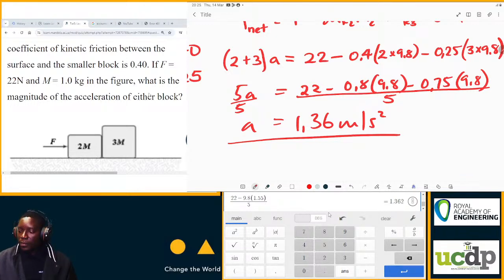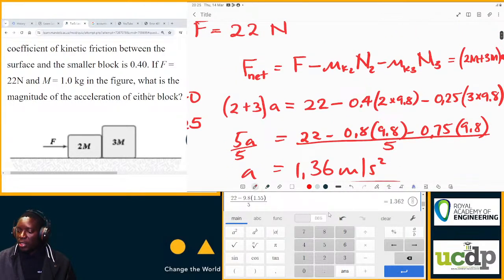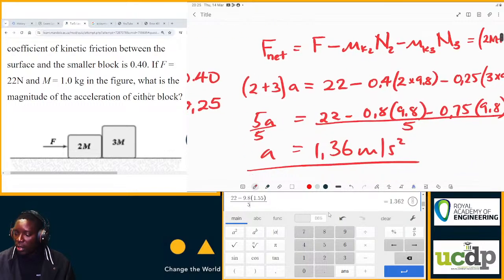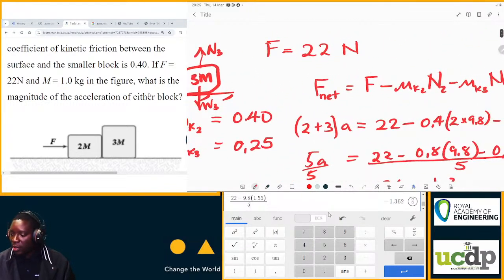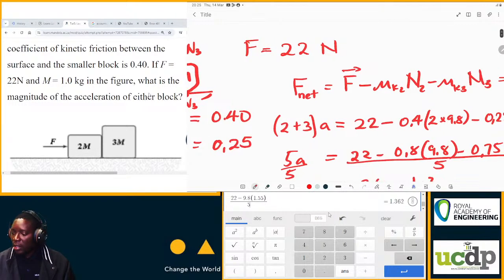Okay, so what is important is coming up with the equation. We know the forces are vectors. So the force to the right is a positive force, and the forces that we have subtracted are forces opposing the motion.